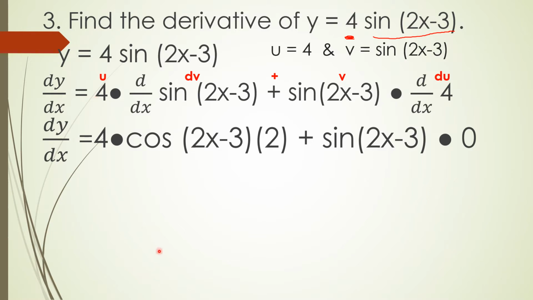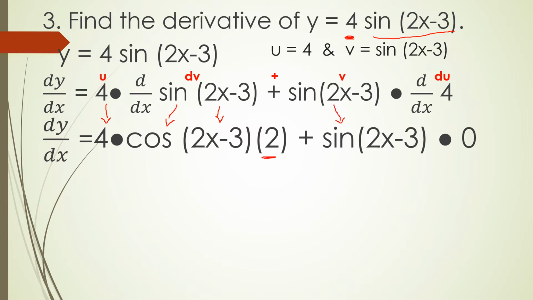So copy u, the derivative of sine is cosine. Copy 2x minus 3. Where did the 2 come from, class? When solving the derivative of sine, what is the derivative of 2x minus 3? Which is 2. That is why there is a 2. Plus, copy sine 2x minus 3.